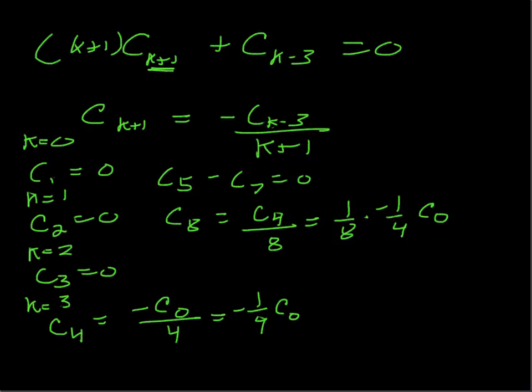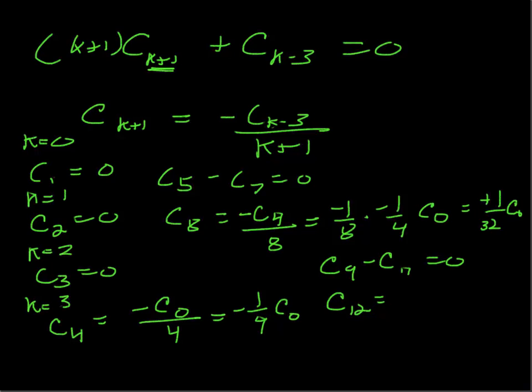And so we have this, which is equal to negative 1/32. Okay. Wait a minute, I forgot the negative sign. Negative, negative, so that's positive 1/32 C0. C9 through C11 are 0.